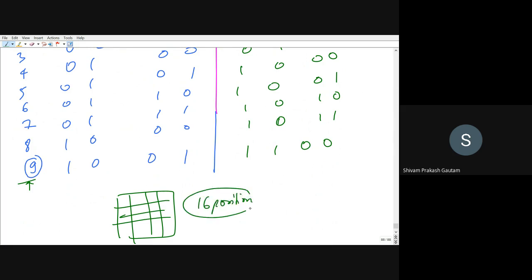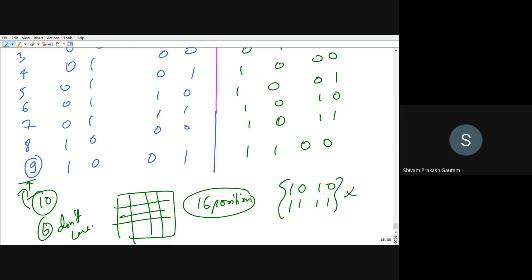Out of those 16 positions, 10 have already been defined, from 0 to 9. So the remaining 6 positions will be don't care, that is 1010 till 1111. For these positions of BCD, it has not been defined, so we will take them as don't care.